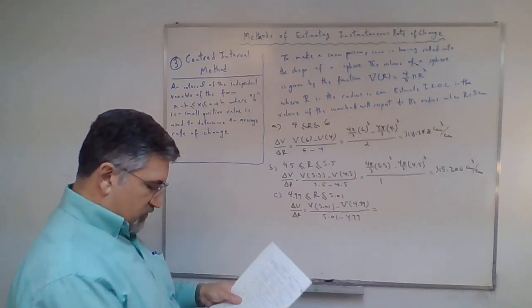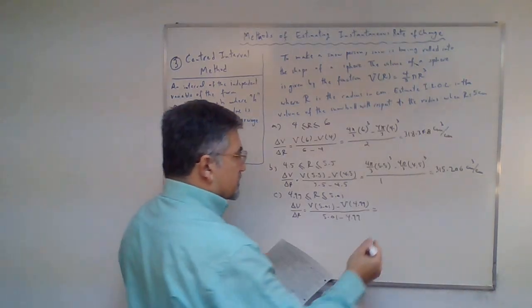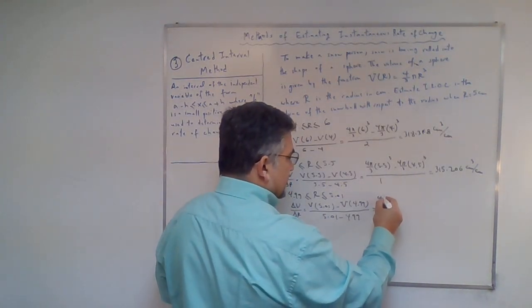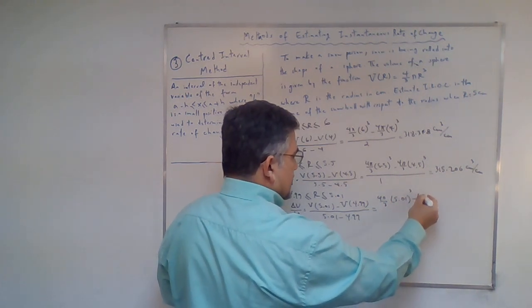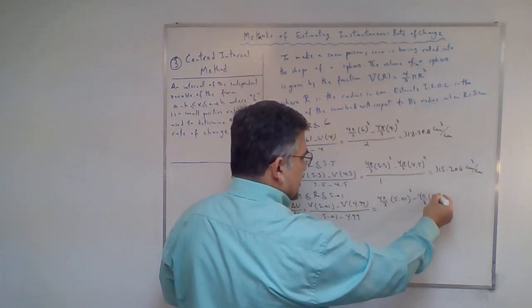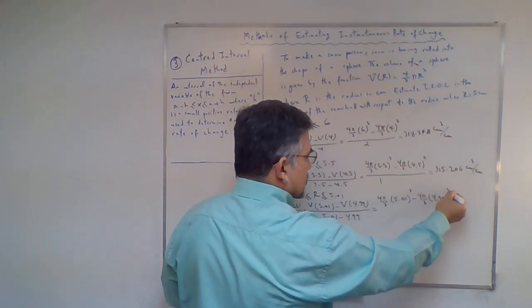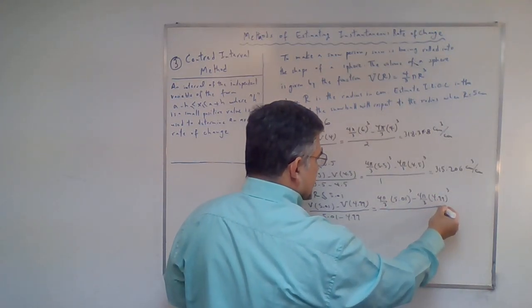If I do the same math again, we plug in 5.01 and 4.99 cubed, and you need to use a calculator.